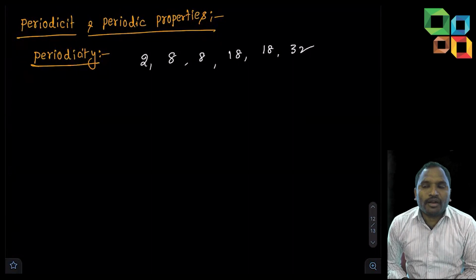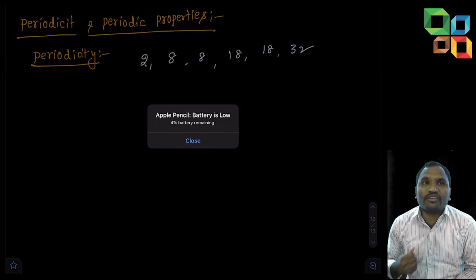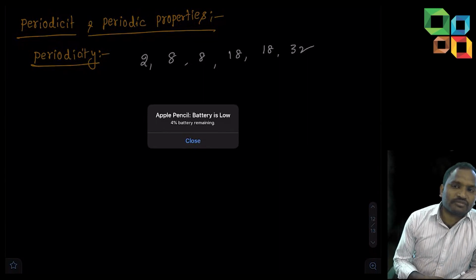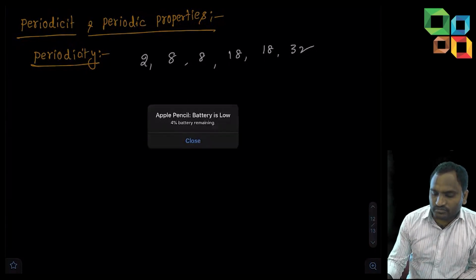Those are atomic radius or ionic radius, ionization energy or ionization enthalpy, electron affinity or electron gain enthalpy, electropositivity, electronegativity, even valency also. Valency will also change. It's a trend. First it increases and then decreases.